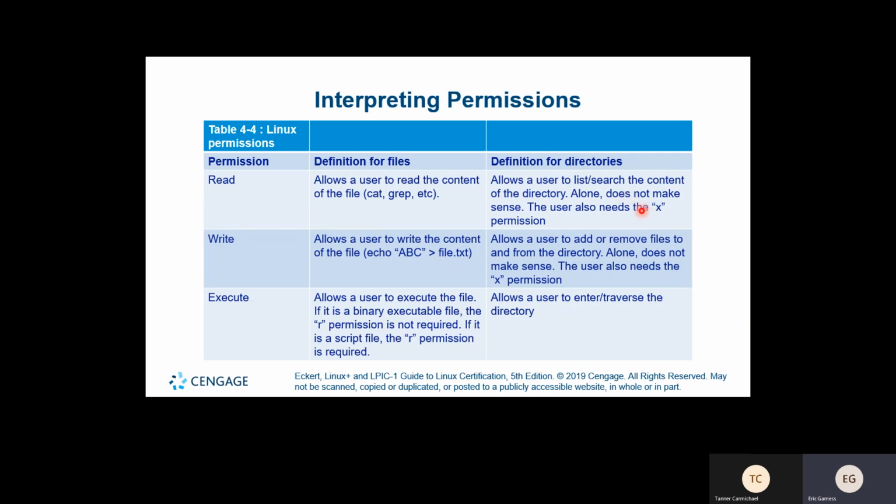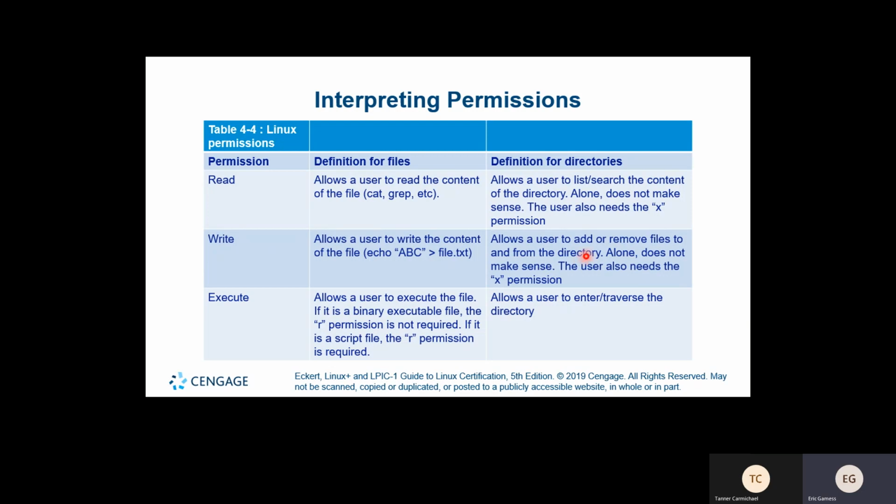You need the execute right. Now, the W right on a directory will allow you to add a new entry in the directory, a new file or a new directory, for example, or to remove an entry that already exists in the directory, so remove a file or remove a directory. Also, alone, the W right does not make any sense for a directory.